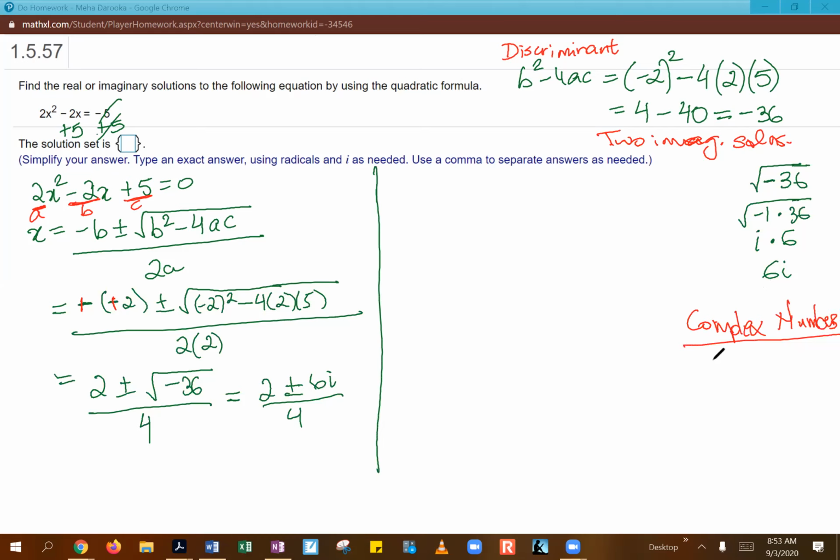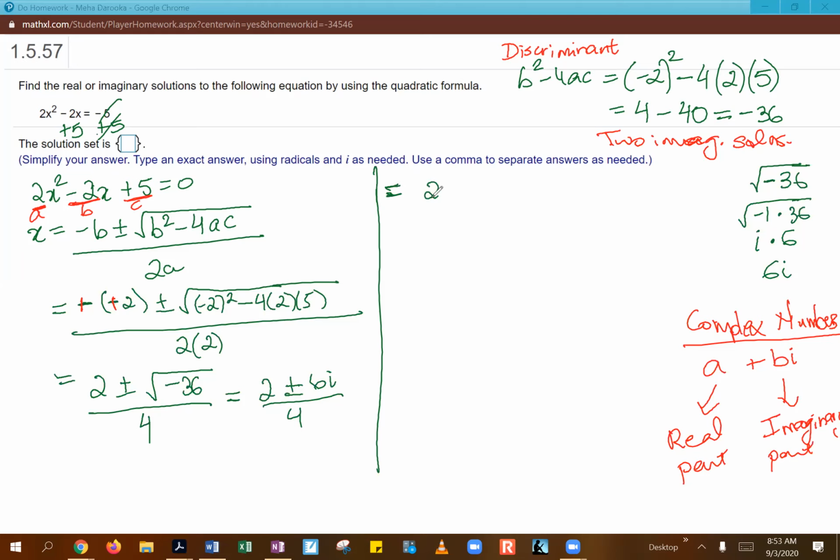And complex numbers have the form of a plus bi, where that first part is what we call the real part because that will be the real number. And then the second part that has the i on it, that's the one we call the imaginary part. So in our 2 plus or minus 6i divided by 4, we do want to separate them into the real part and the imaginary part.